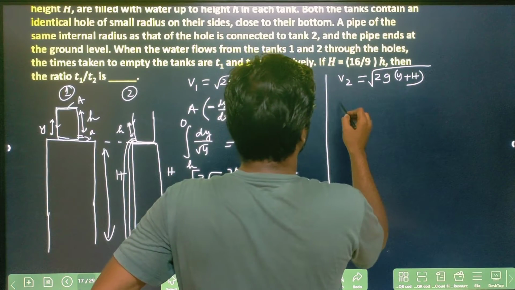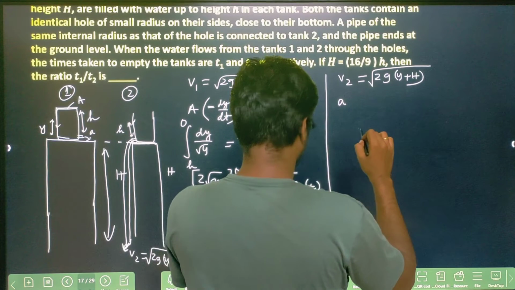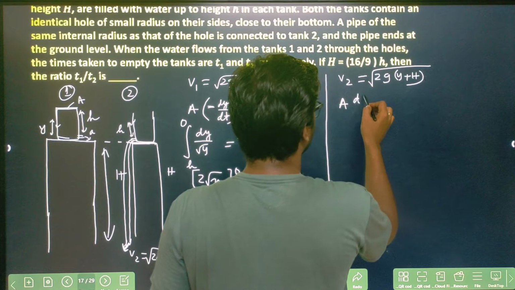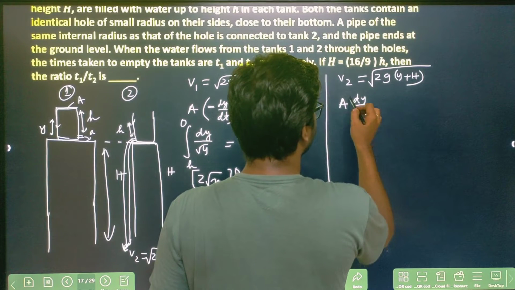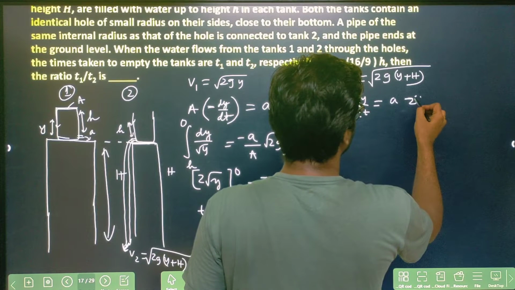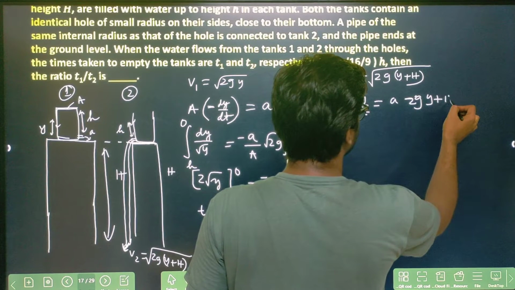So here again I can write capital A into dy by dt with a negative sign is equal to small a into root of 2g(y plus h).